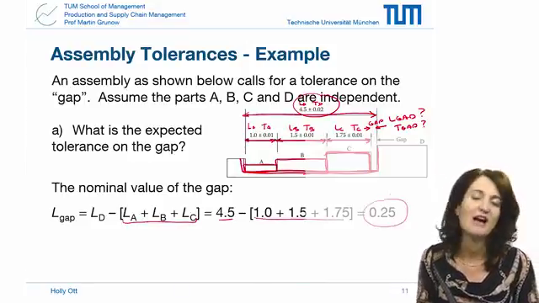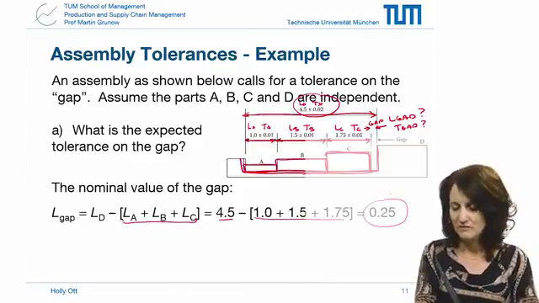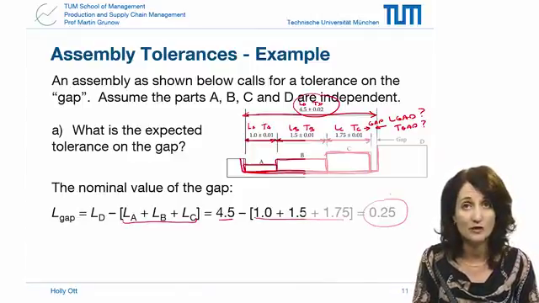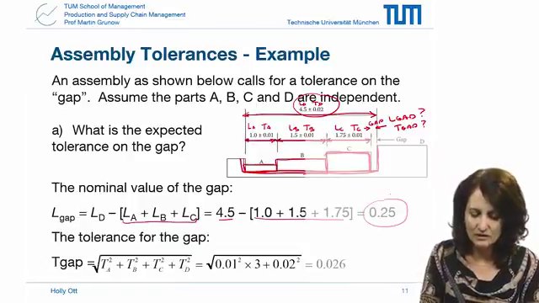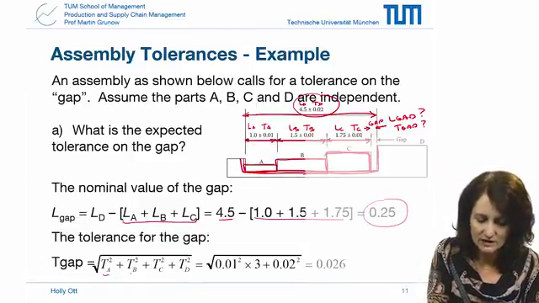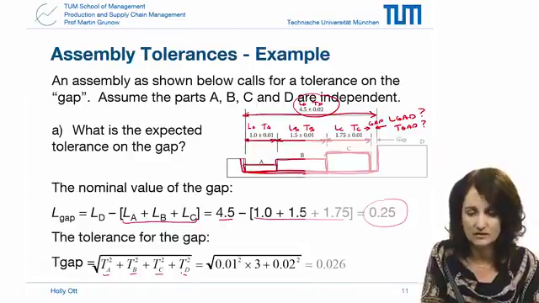So we get that the L gap has a nominal or expected value of 0.25, if everything is perfectly on target. But the tolerance for the gap is going to be the square root of all the individual tolerances squared and added together.